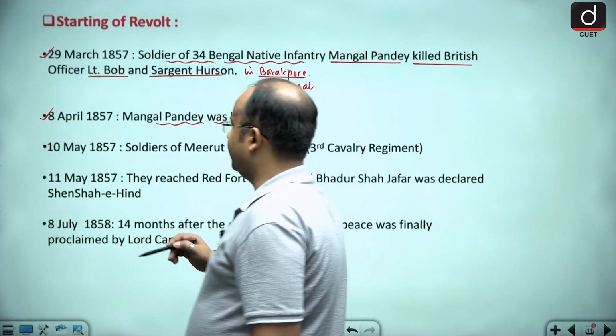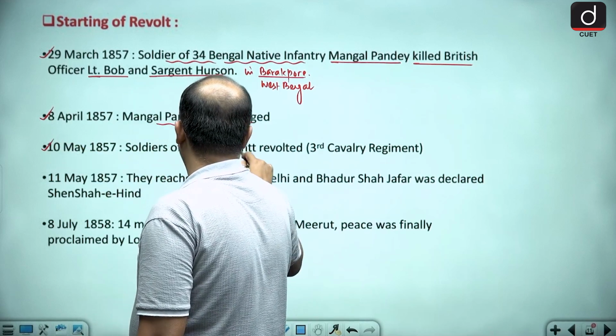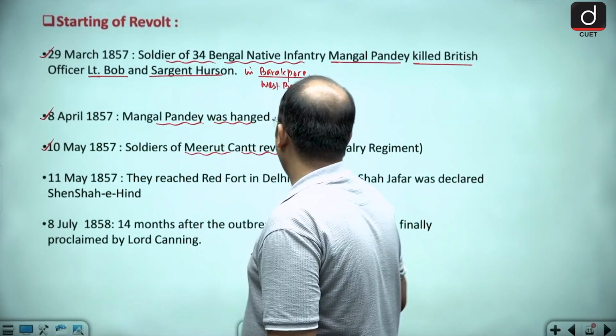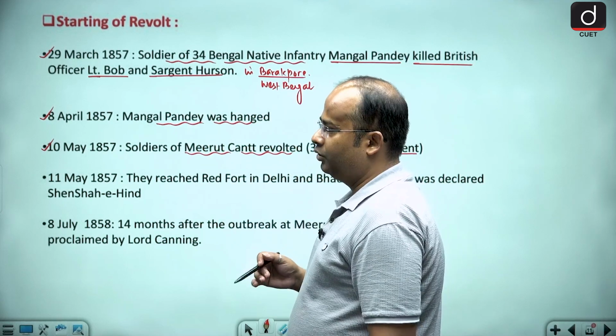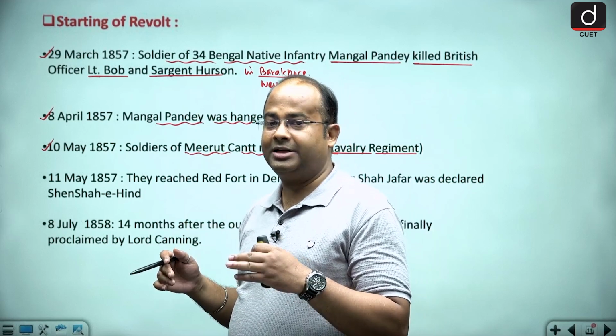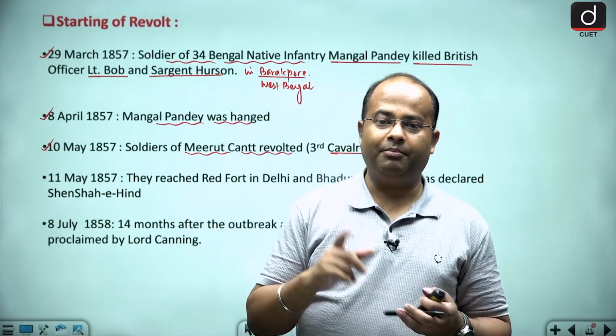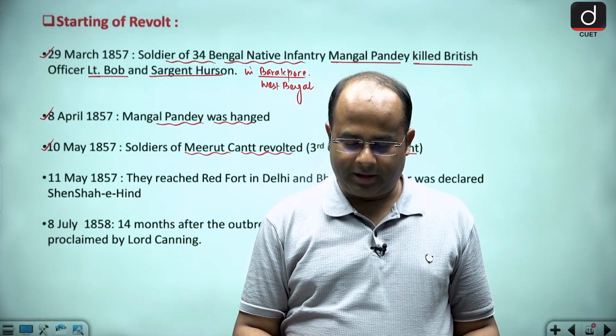Now guys, on 10th May 1857, it is said that the soldiers of Meerut Cantonment revolted, and it was the 3rd Cavalry Regiment which revolted the most. They said they will not use the Enfield rifle.